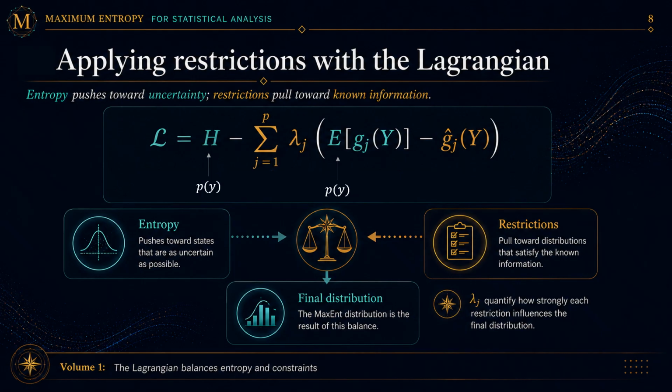But for right now, let's just see why an expression like this might be what we're after. Again, we're trying to find the distribution that maximizes entropy. You can see what's going on here. We have the entropy of our system, and then we're subtracting off entropy insofar as it is justified to do so by our data or our restrictions.